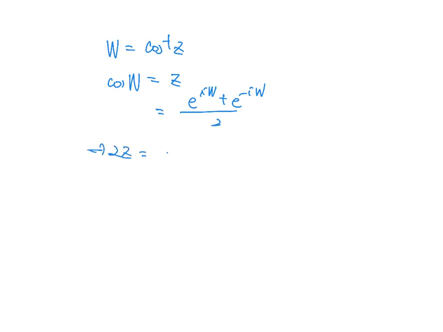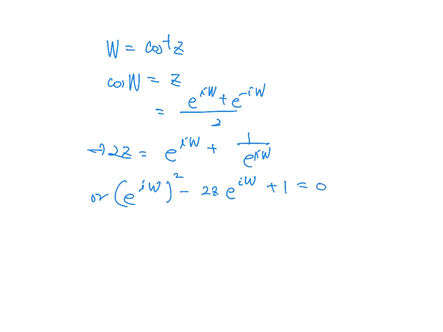C is the same as e^{iw}, or z squared minus 2z e^{iw} plus 1 is equal to 0. So this solution is written as z plus (z squared minus 1) to the half.